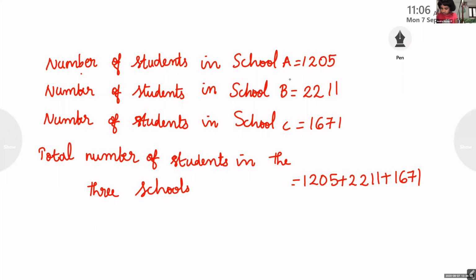Those who completed writing can do the addition. Number of students in school A. Number of students in school B. Number of students in school C. Total number of students in the 3 schools.